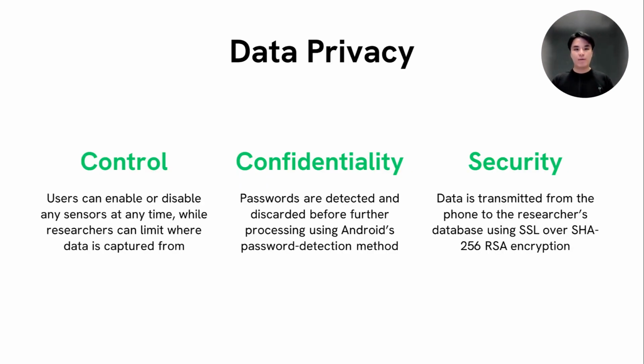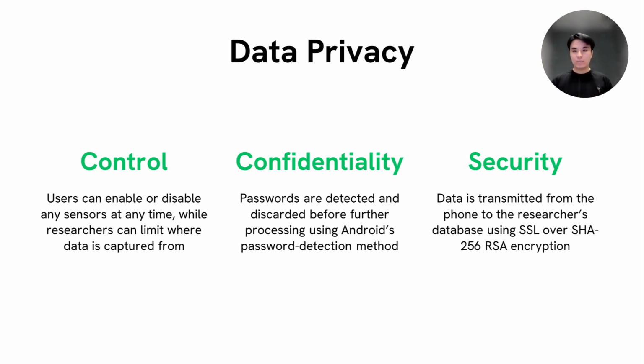To protect participant privacy, we design all our sensors to be easily disabled and re-enabled at the participant's discretion, which gives them control over the data that they choose to share and also when they share it. Researchers can also limit data capture to only apps relevant to their study, which can enhance participant privacy and overall trust. We also implemented Android's built-in password detection method to identify instances where participants were entering or viewing passwords.